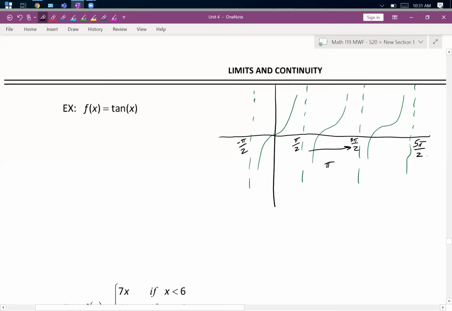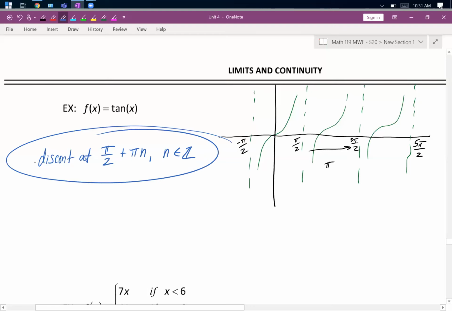Well, I can't possibly write out every single asymptote to infinity. So we'll say that we are discontinuous at, we'll start with our first asymptote of pi over 2. And now to indicate that we're discontinuous starting here and then adding a period of pi over and over again, we say plus pi n, where n is an integer.